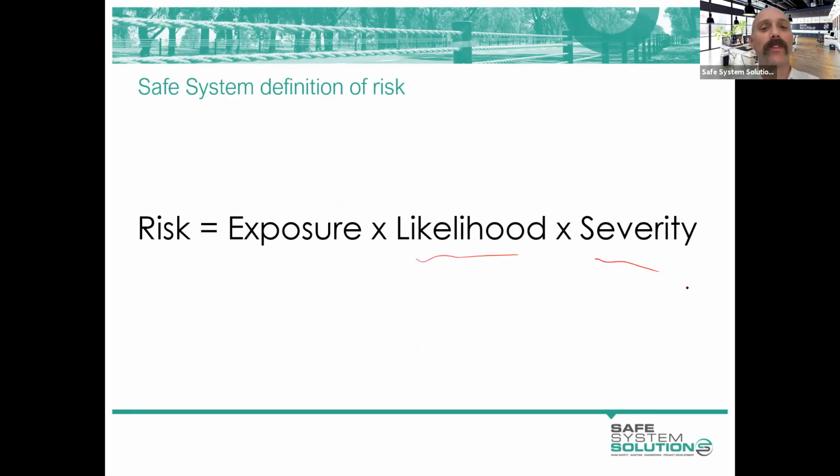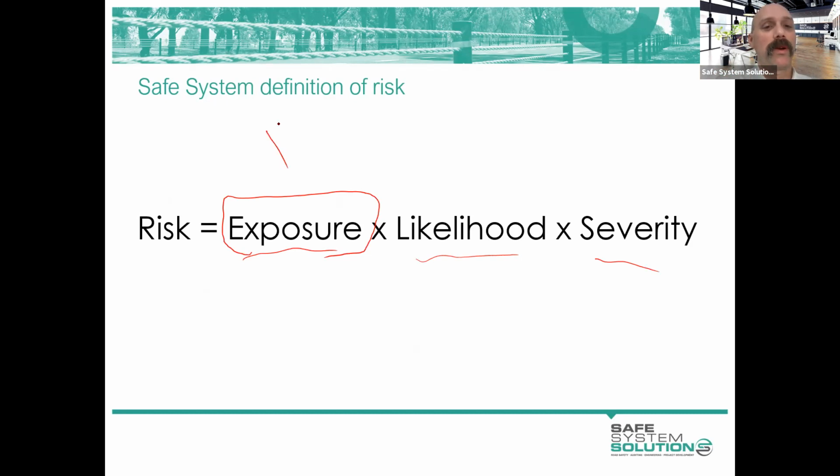But in this one, we've separated out exposure. And this will be the one I think we continue to have a little bit of challenge on as we're doing these safe system assessments, because with exposure, people really want to make it more than it is, at least under a safe system assessment.